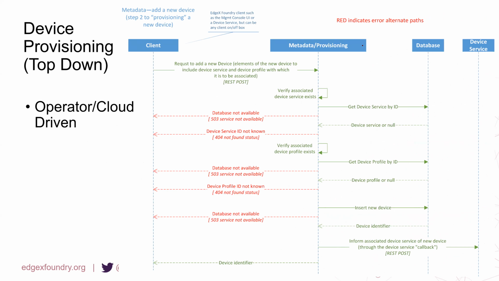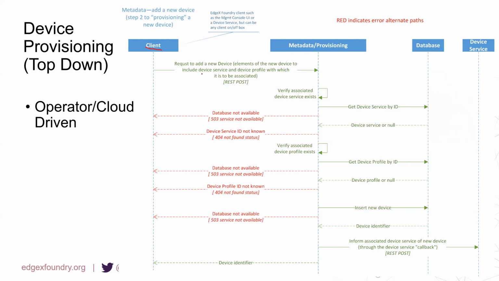Okay. So flipping over to our device provisioning, we have kind of 2 different paradigms here. We've got our top-down model, which would be either operator or cloud-driven in a deployment situation. In this case, we're going to be relying on a management console or a UI or a system management interface, and that's going to serve as our client.